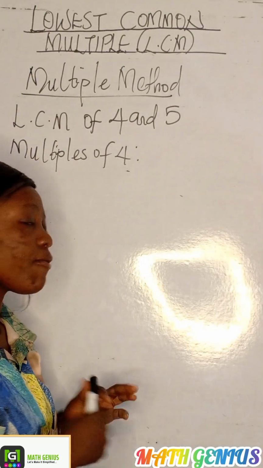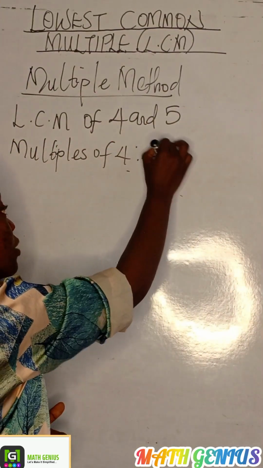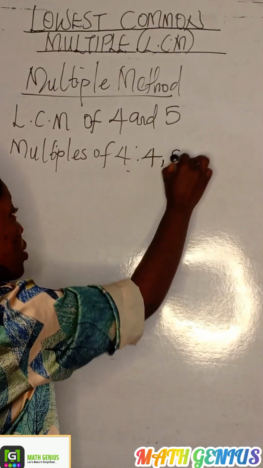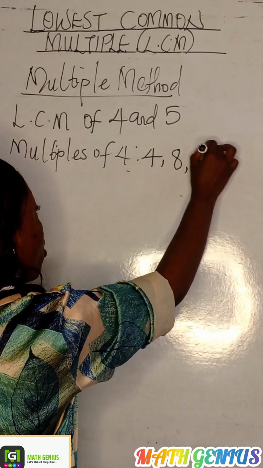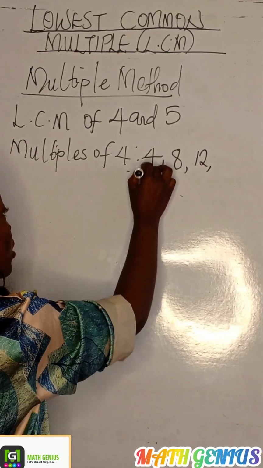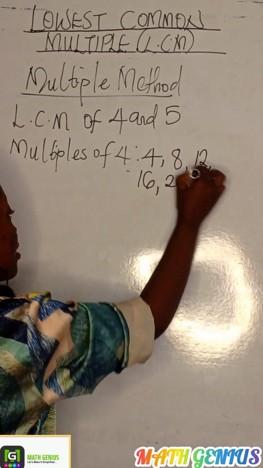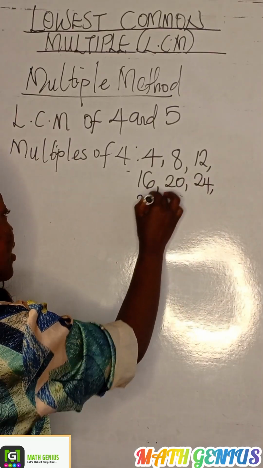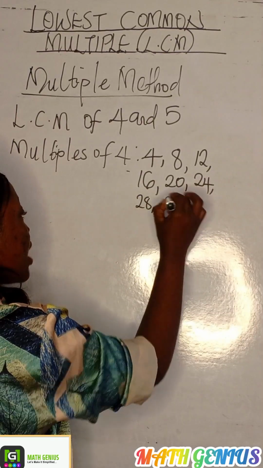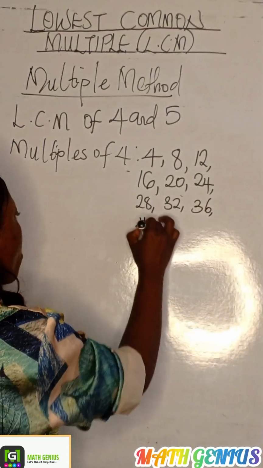So let's start with the first 10 multiples of 4. 4 times 1 is 4, times 2, 8, times 3 is 12, times 4, 16, times 5, 20, times 6, 24, times 7, 28, times 8, 32, times 9, 36, times 10, 40.